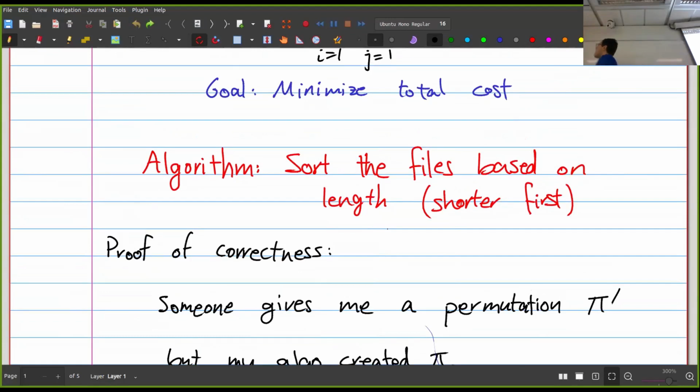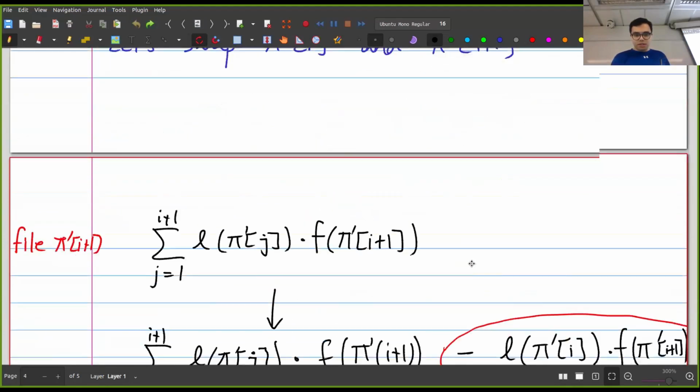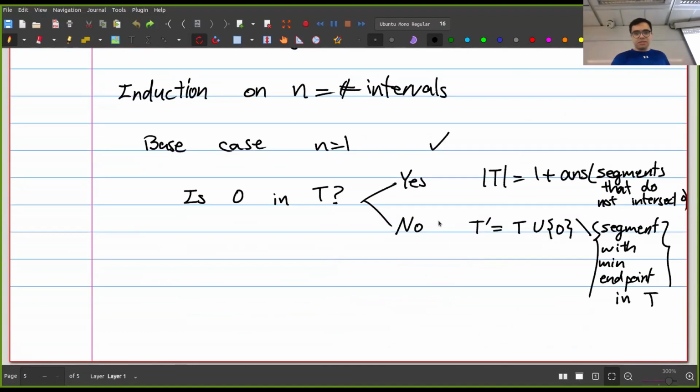So I can say every time that I'm making a choice, if I can prove that there is at least one optimal solution that makes the same choice, this would prove that this choice that I'm making is not removing any of the optimal solutions from the set of possible outputs of my algorithm. And if all of my choices are like that, then of course, at the end of it, my algorithm is outputting an optimal solution. You can look at these proofs in both ways. They're literally the same.